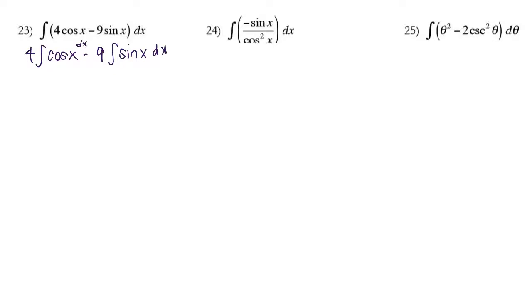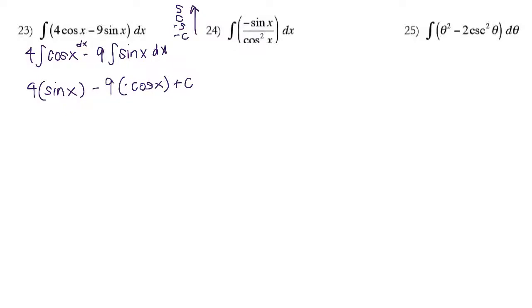Okay, and now let's see, if we integrate cosine, and again, remember you have sine, cosine, negative cosine, and now we're moving up this chain. So we have 4 times, well, if we integrate cosine, we get sine of x minus 9 times, if we integrate sine, we get negative cosine x, and then plus c.